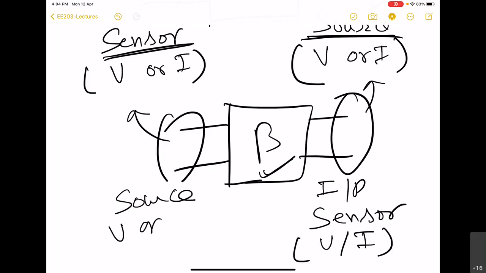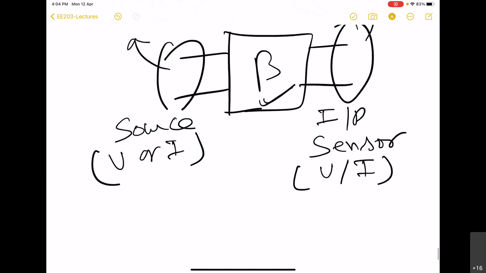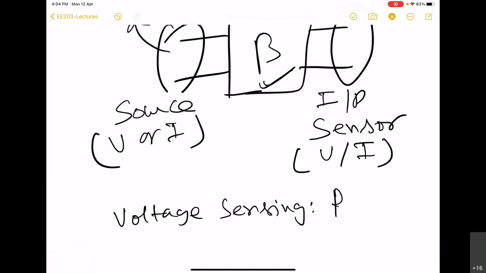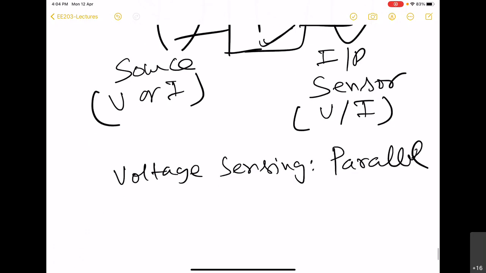Similarly, it will produce voltage or current. So now we know that if we want to sense voltage, we have to always make the connection in parallel. And if we are trying to sense current, then current sensing is done by connecting the sensor in series.